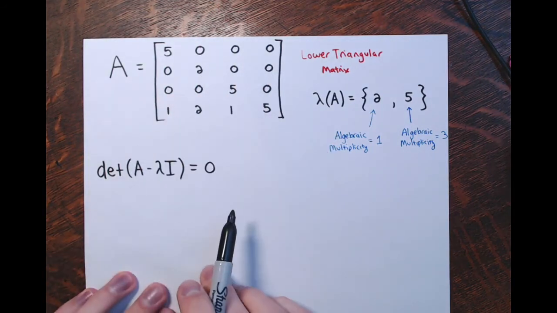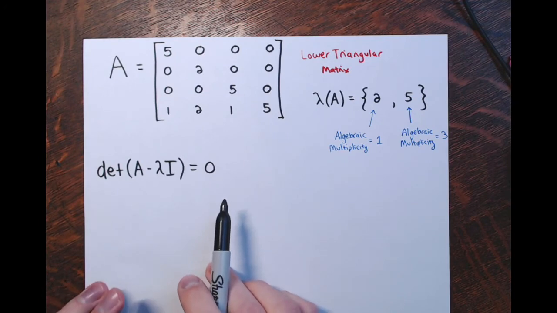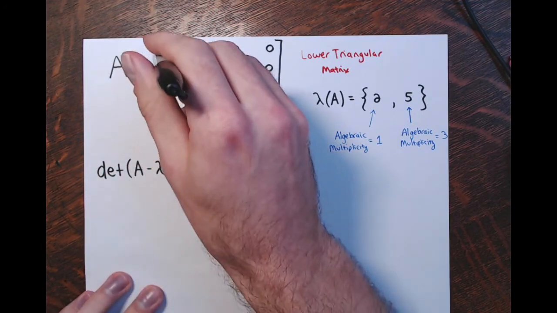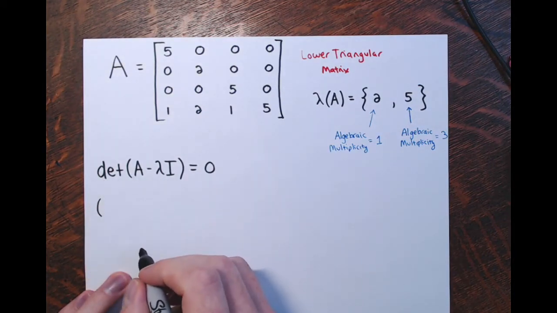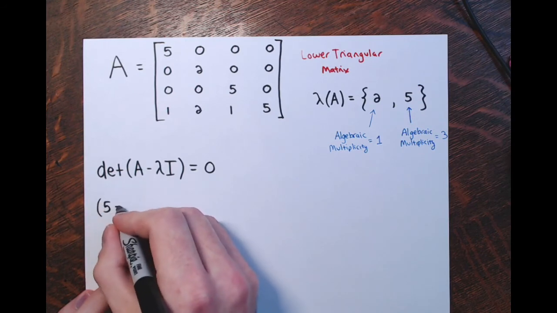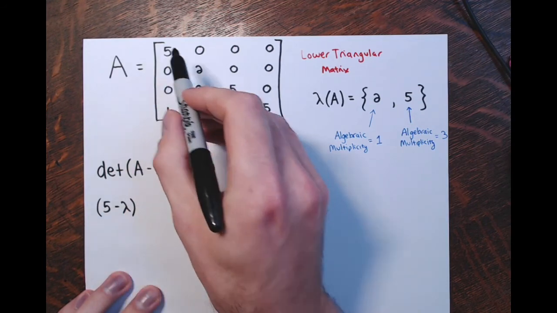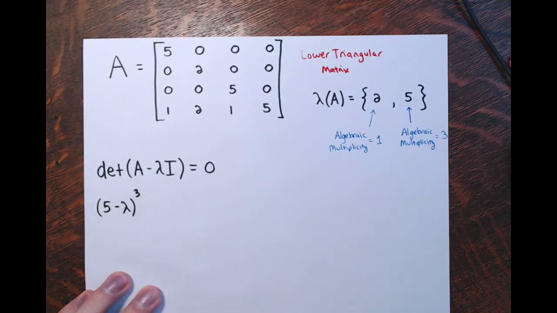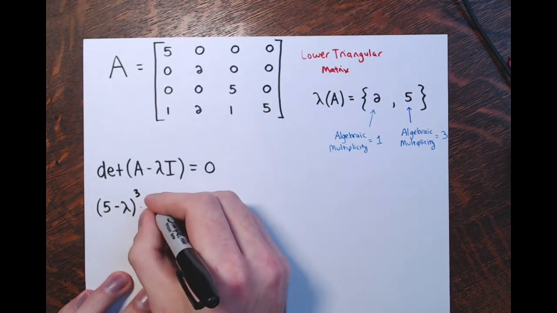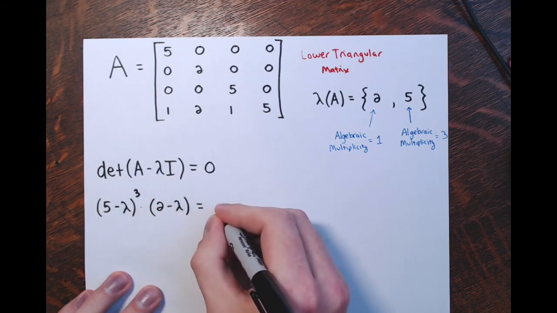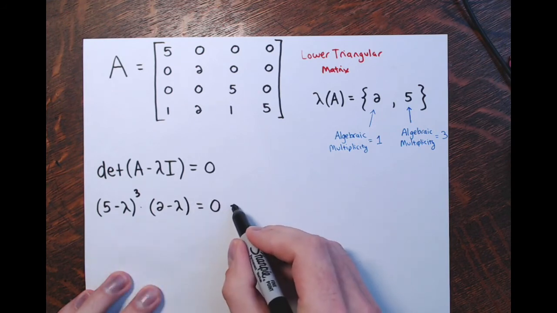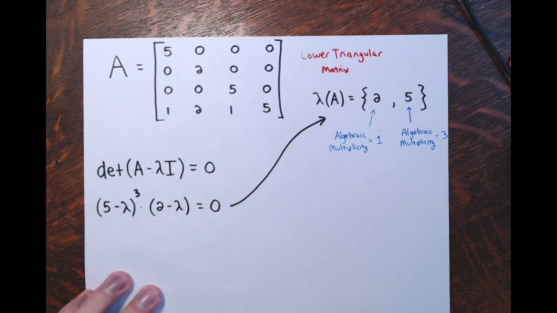It's still a lower triangular matrix, and remember the determinant of a triangular matrix is just the product of the main diagonal entries. So the characteristic polynomial is 5 minus lambda cubed, multiplied by one factor of 2 minus lambda, and this equals 0. Then you can see the solutions are lambda equals 2 and lambda equals 5, giving me the spectrum of A.